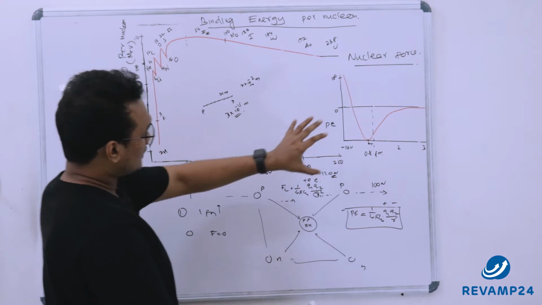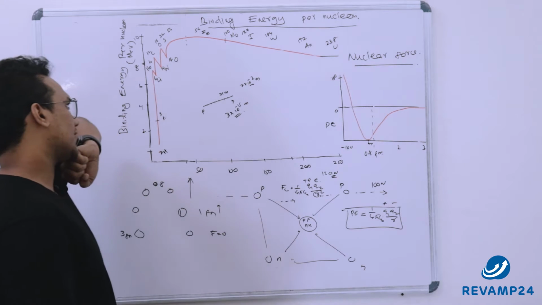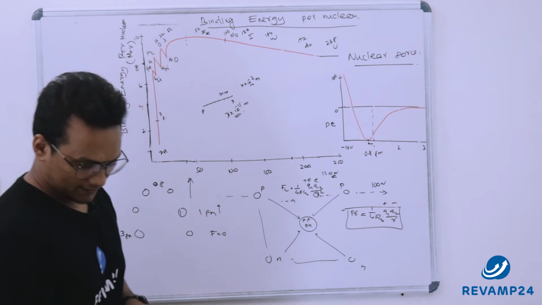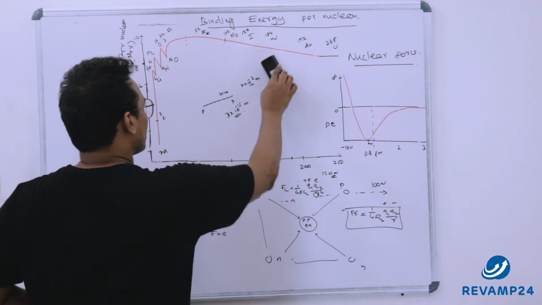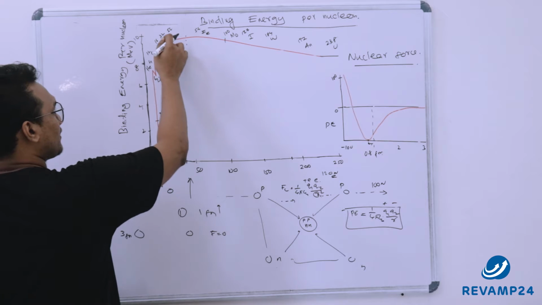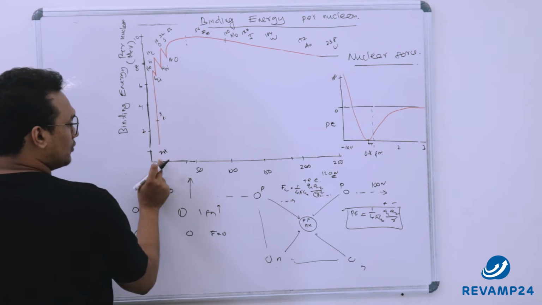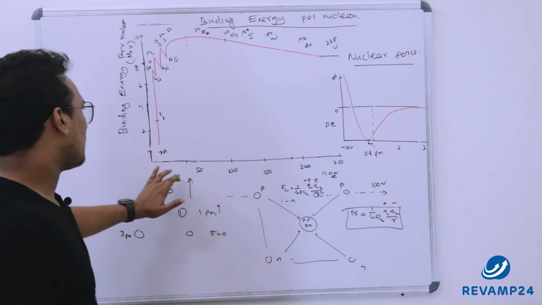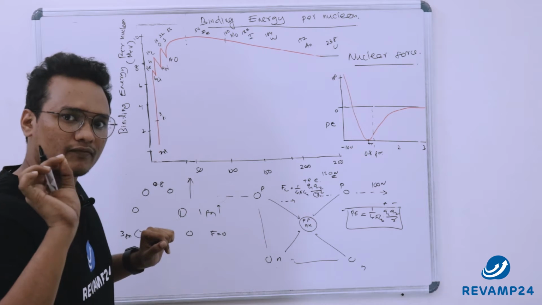Now, taking nuclear force into consideration, I will explain the reason for variation of binding energy. Binding energy per nucleon is lesser for nuclei having lesser mass number. Lesser mass number means lesser number of nucleons.